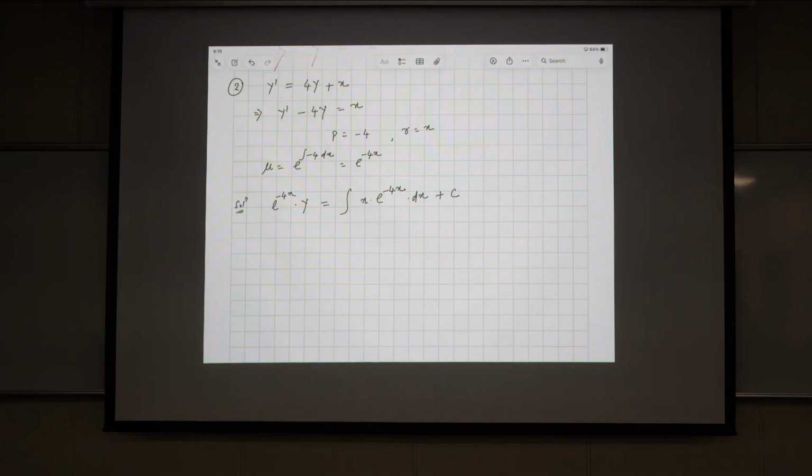Yes. How to solve this one? Can you remember how to solve this one? Especially I am talking about this integration. Can you remember?